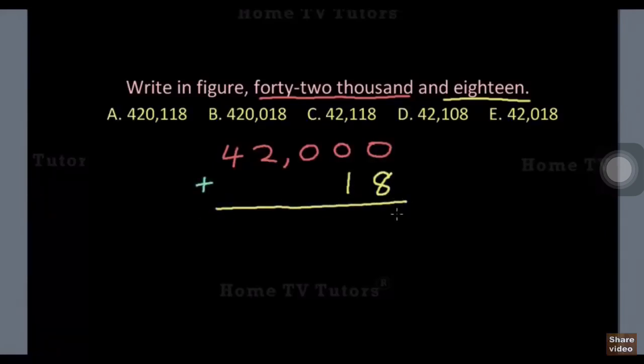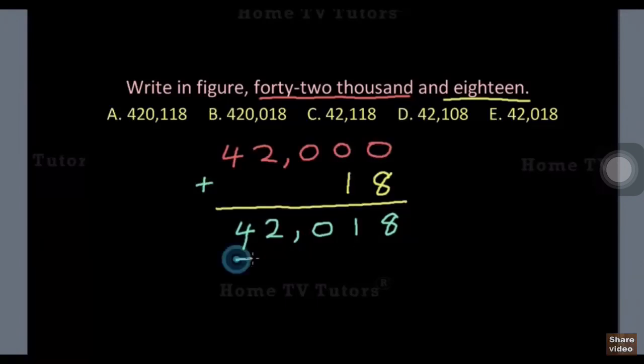So we add it now. 0 plus 8 gives us 8. 0 plus 1 gives us 1. Then we bring 0 down, we bring the comma down, we bring 2 down, and we bring 4 down.